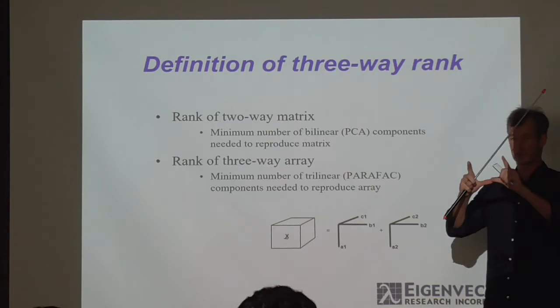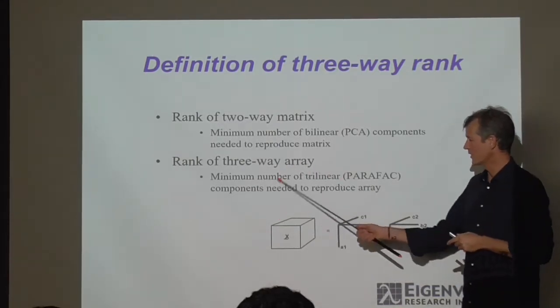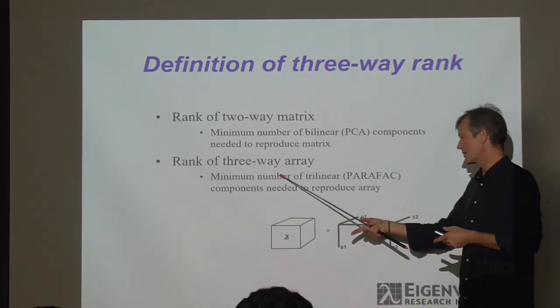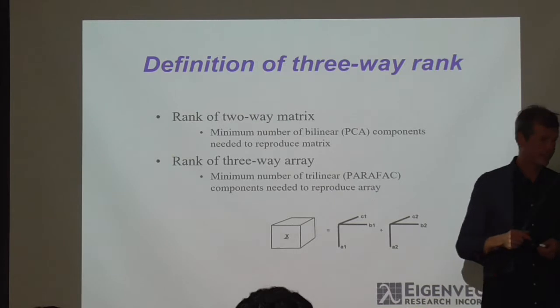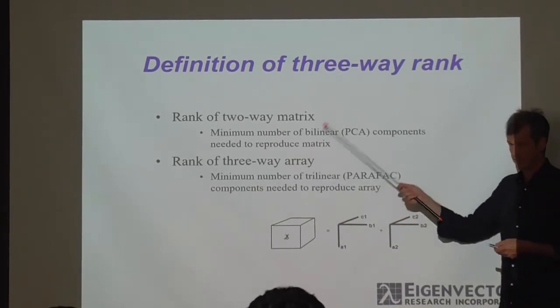If I can describe it with 19 components, it's rank 19. And it's the same for three-way arrays. If I can describe an array with 8 Parafac components, then that three-way array would be rank 8, for example.